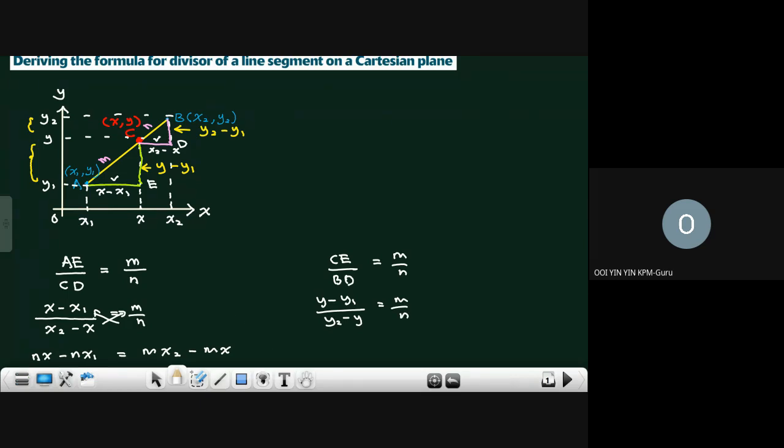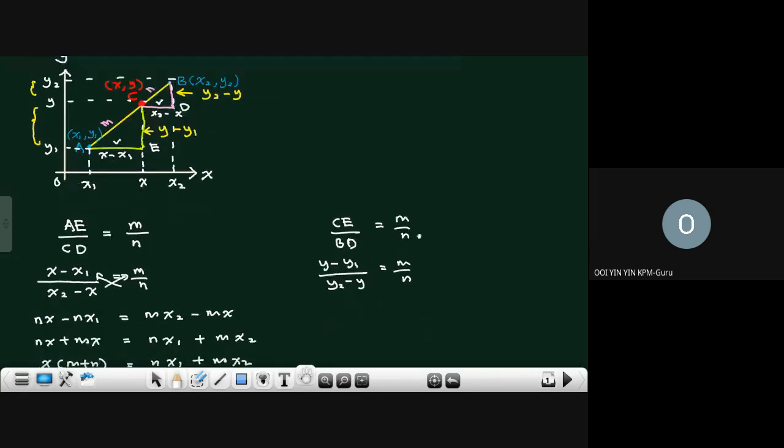Sorry, I just realized that I wrote it mistakenly just now. This is y, not y1, so it is y2 minus y, right? Yeah, nobody told me just now. Not y1, y only. So that's why now you put in y2 minus y. y1 is up to this level, right? Sorry, just y only.